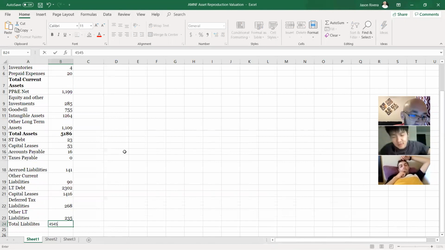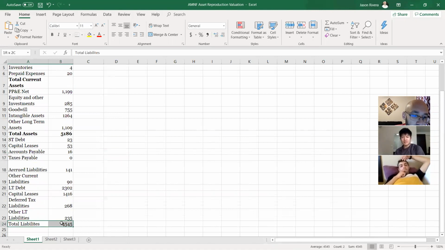Okay. Anything catch your eye on the liability side of things? Long-term debt, obviously. Long-term debt and capital leases. Long-term debt is pretty self-explanatory, but what are capital leases, do you guys think? The rent?